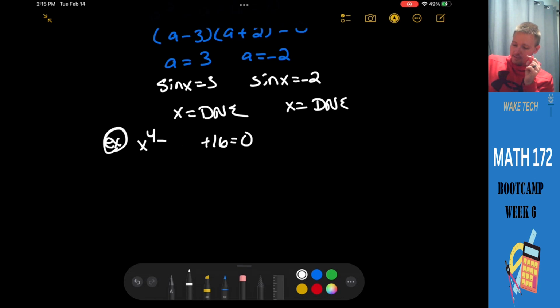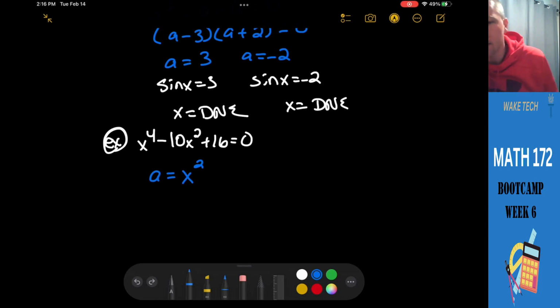I'm going to give you some time to try it, minus 10x squared. What I'll do, though, is point out the substitution we need to make is to let a equal x squared. Again, taking that exponent and halving it. If you want to have a shot at rewriting this, I'll let you rewrite it. I won't do that yet. But rewrite it using the a's, factor it using the a's, and then undo the substitution to get x back in there. See if you can solve for x that way.